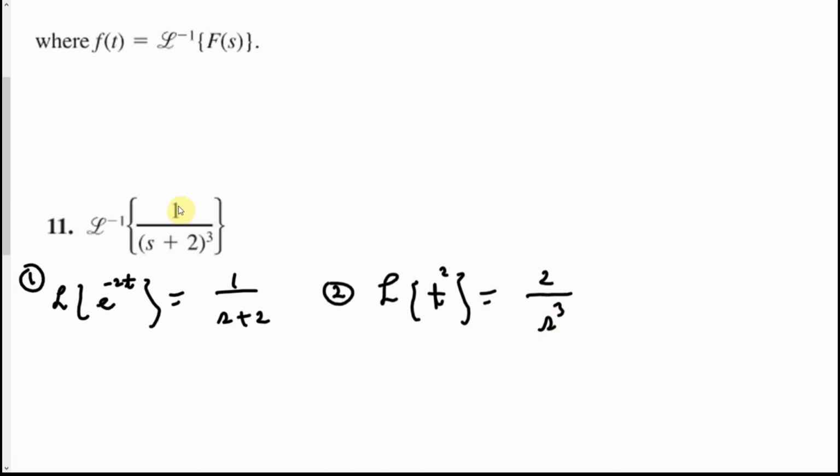But there's no 2 there, right? So what is that saying? This implies that 1/2 times the Laplace transform of t squared is equal to 1 over s to the third. Well, by golly, we have the answer.